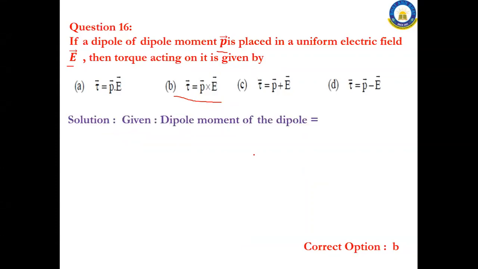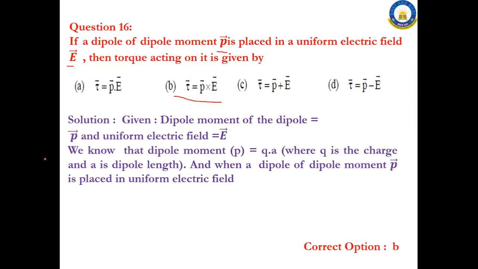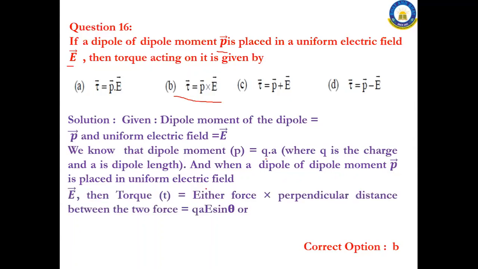Here the explanation is given. Suppose you have forgotten, this is actually theory, and the derivation is there for you. The dipole moment is P and the uniform electric field is E. The dipole moment is equal to Q into A. When the dipole moment P is placed in the uniform electric field E, the torque is force into perpendicular distance.